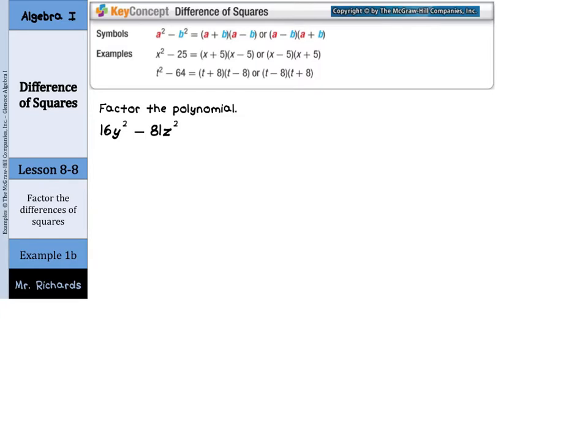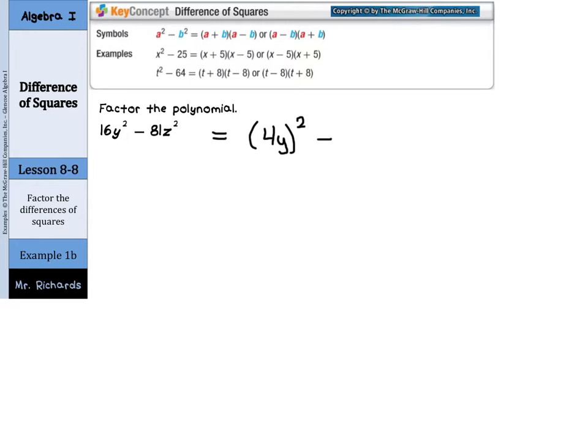Our next example, we have 16y squared minus 81z squared, and we want to factor this polynomial. Well, what can we do with our 16y squared? We can rewrite that as 4y squared. What about our 81z squared?